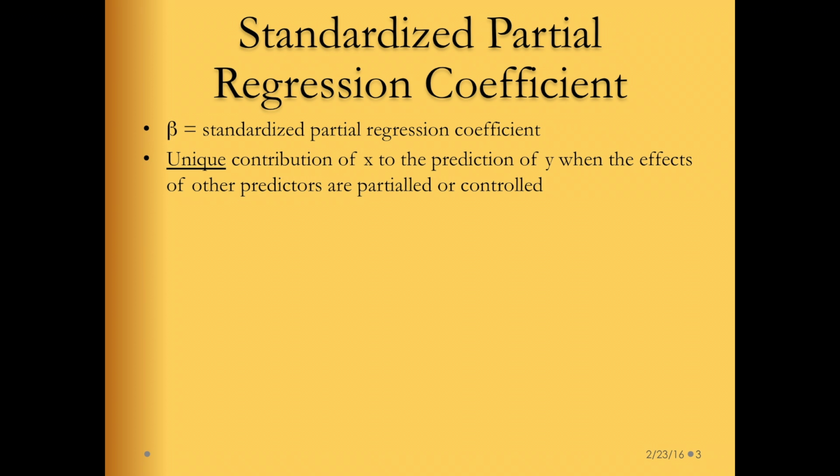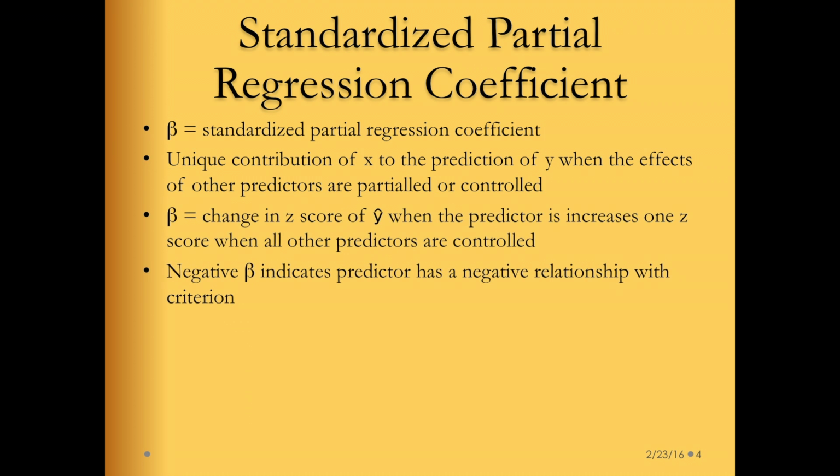That means that areas in y that are redundantly predicted by more than one predictor are not considered in determining the value of beta. Beta is also the change in the predicted standard score on y when the standard score on its predictor increases by one z-score and when the other predictors are held constant.